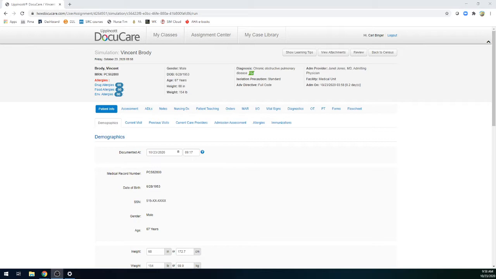I know in the past some instructors have said, just put it in a nursing note. Well, if I'm looking between shifts at certain things on a patient, like a respiratory assessment on Vincent Brody, as you see here, I want to be able to look at all the shifts taking care of this patient and see his respiratory status.